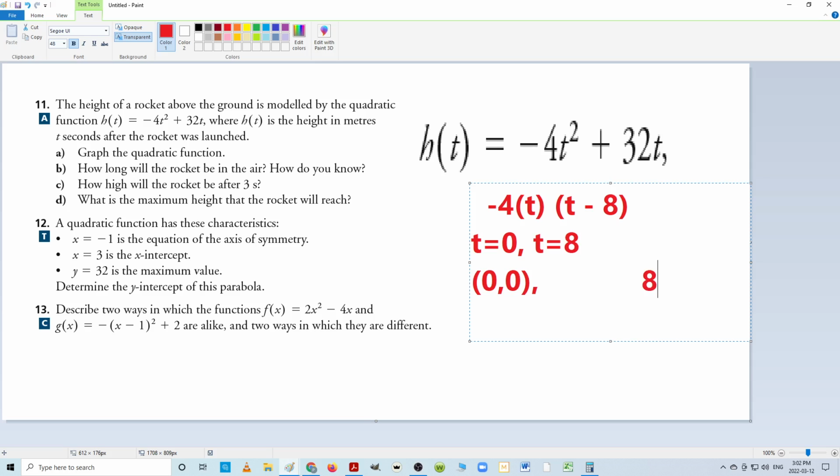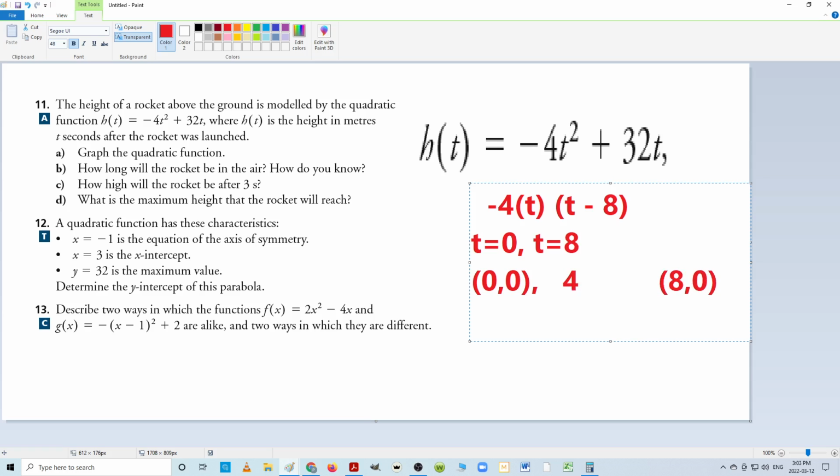Now I want you to use a little bit of logic here. What's its peak? Well, these have the same y value, so its peak is going to occur halfway between the 8 and the 0. 8 plus 0 divided by 2 is 4. So the peak is going to be at 4.